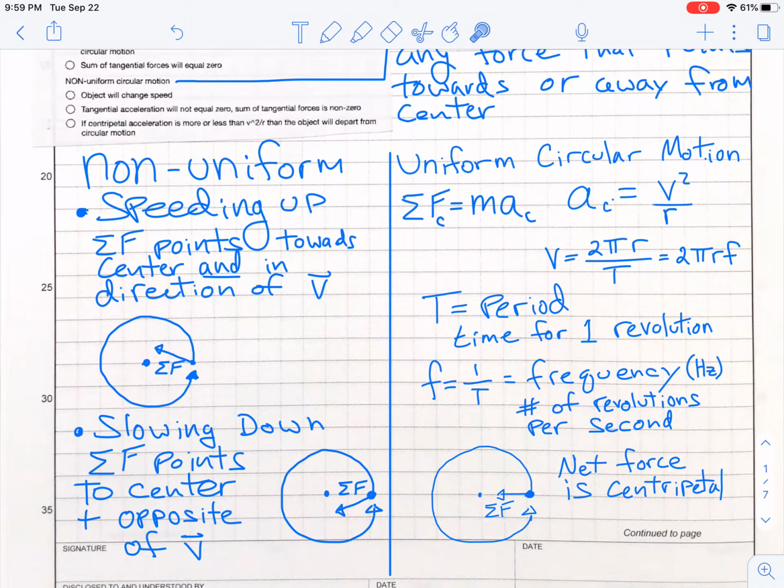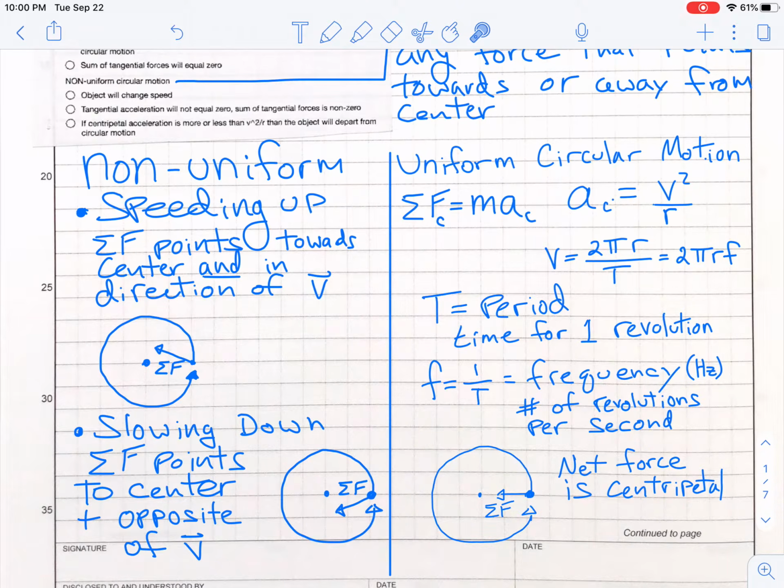In non-uniform circular motion, we are going to be speeding up if our net force points towards the center and somewhat in the direction of velocity. So if I was going around the circle counterclockwise and wanted to speed up, I would need a net force that pointed towards the center and in front of me compared to the direction that I'm moving.